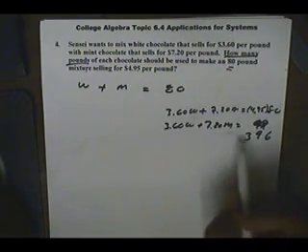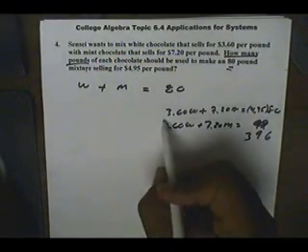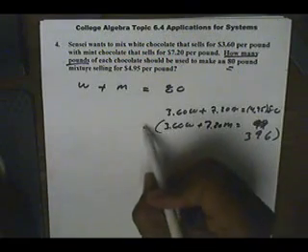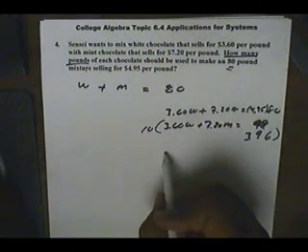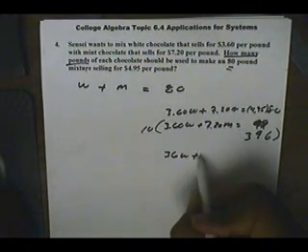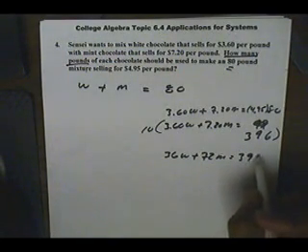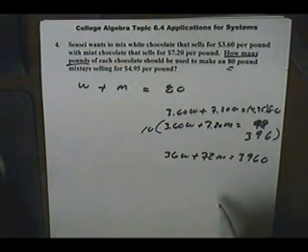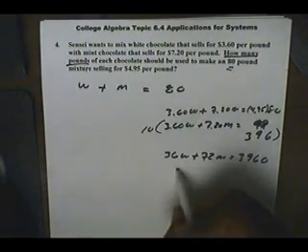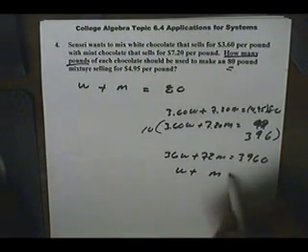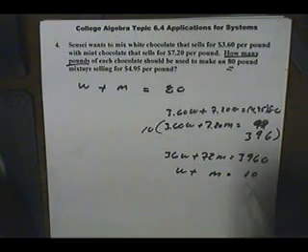Okay. So now what I'm going to do to solve this, I'm going to use again my elimination method. To get rid of these decimals, I'm going to multiply everything by 10. So this will be multiplied, and this will all be multiplied by 10. So this becomes a 36W, this becomes a 72M, and this becomes 3,960. And then I'll put my W plus M here, equals 80.